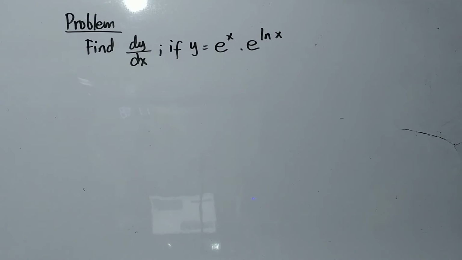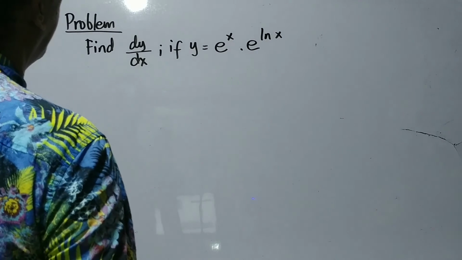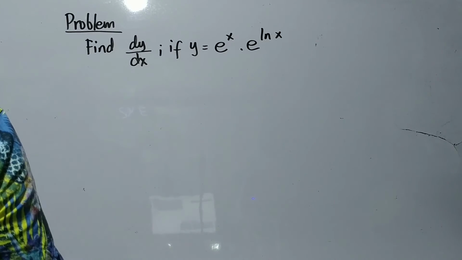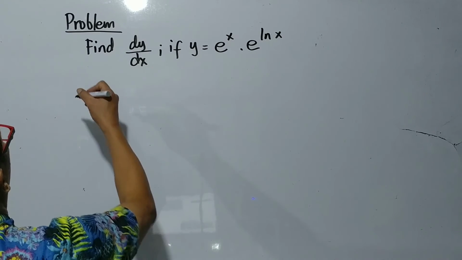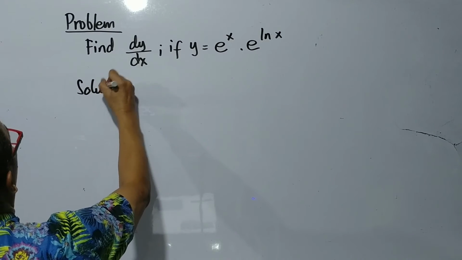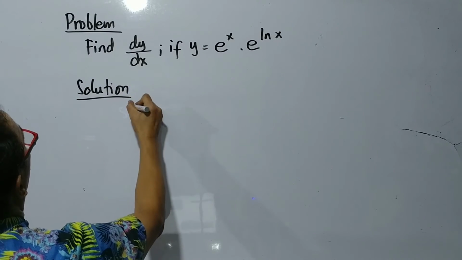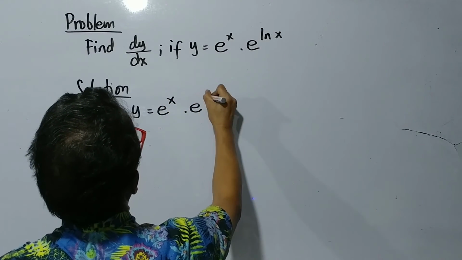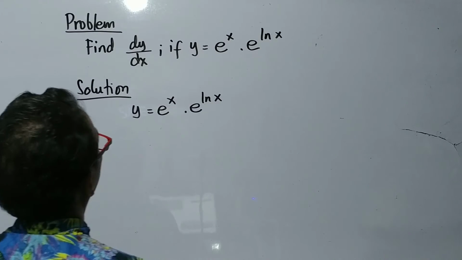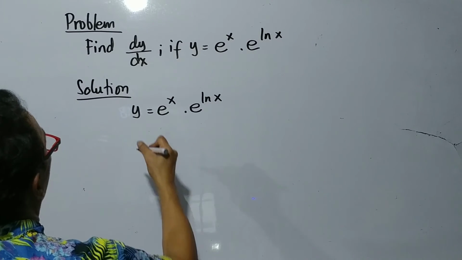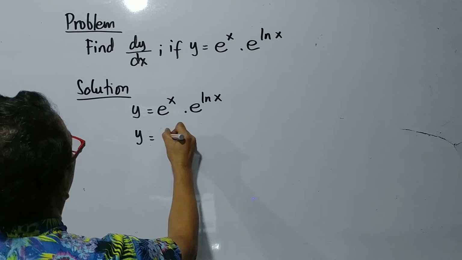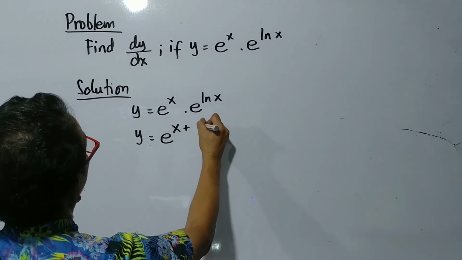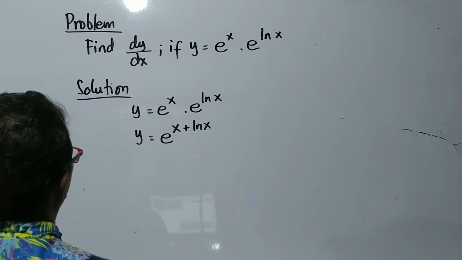Find dy dx if y is equal to e to the x times e to the ln of x. So here we have y equals e to the x times e to the ln of x, or we have y equals e to the x plus ln of x.